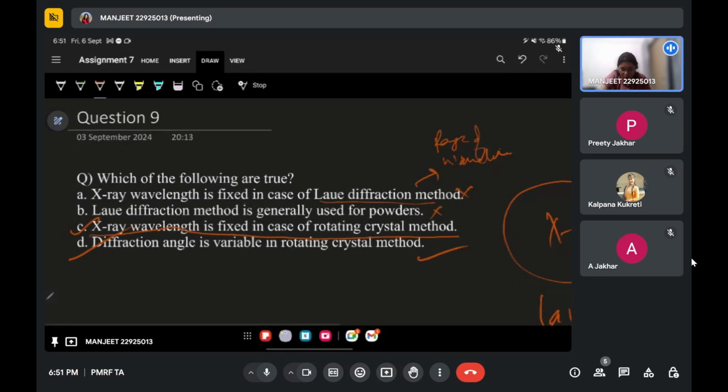If you know what the Laue diffraction method and the rotating crystal method are, you can find out the answer. In Laue, the crystal is not rotating, we have a range of wavelengths. And in rotating crystal, as the name suggests, my crystal is rotating, but the wavelength is fixed. Okay, so this is all about question number 9.